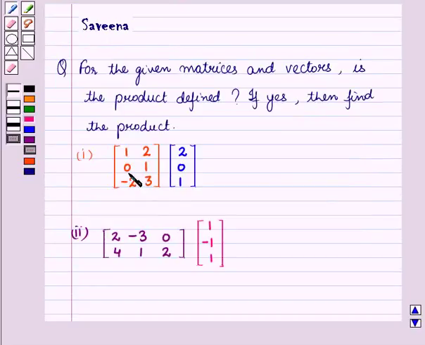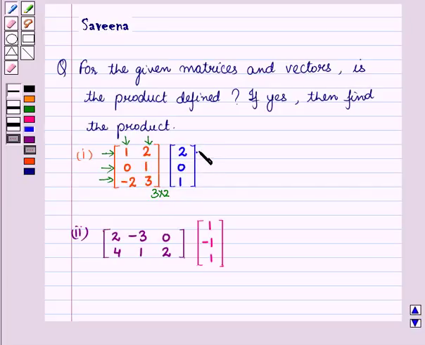Now in the first part, we are given a matrix and a vector. Here you can see this matrix has 3 rows and 2 columns. So it is a 3 cross 2 matrix, that is dimension of this matrix is 3 cross 2, and this is a column vector, that is a matrix having a single column.